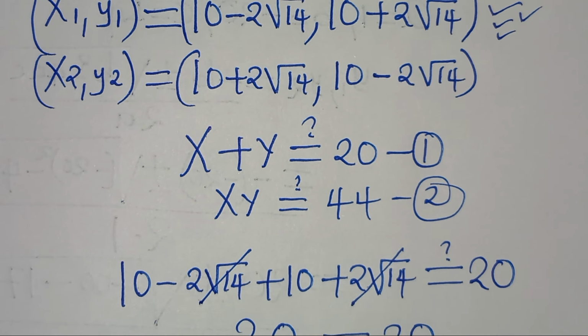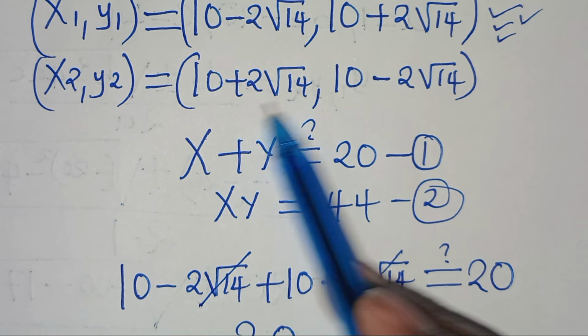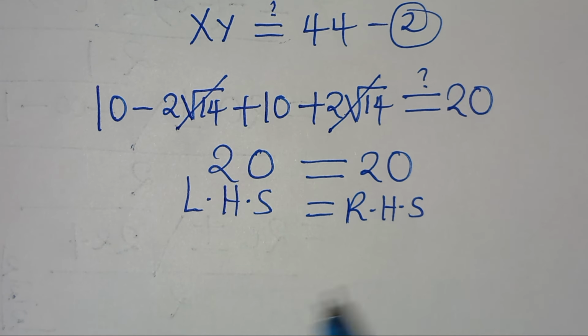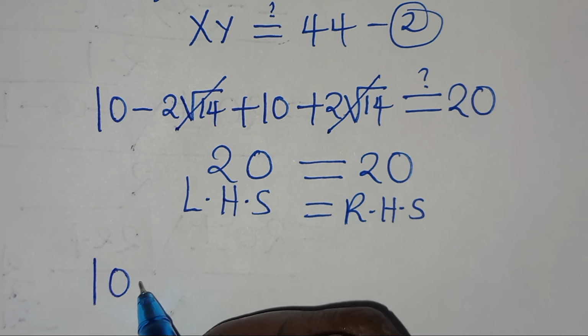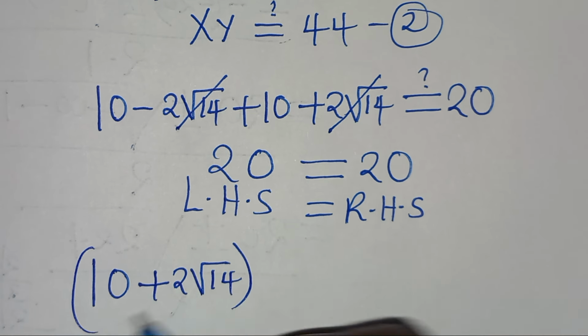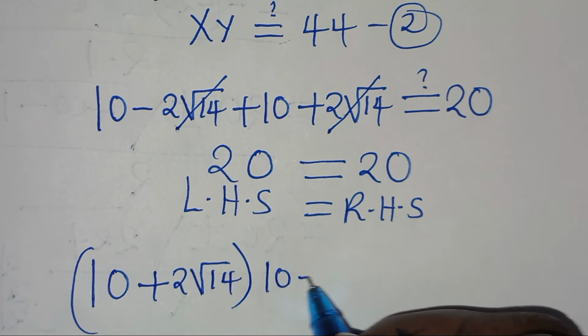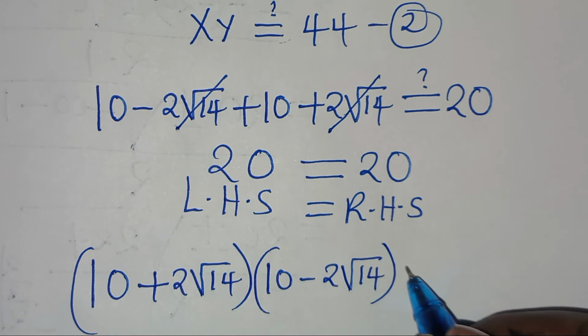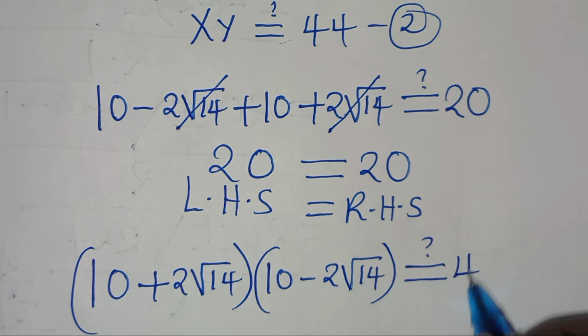Let's check x2, y2 by applying equation 2 from here. So that means we have 10 plus 2 square root of 14 multiplied by 10 minus 2 square root of 14. This is supposed to give us a value of 44.